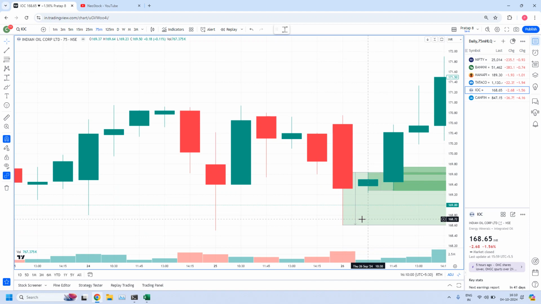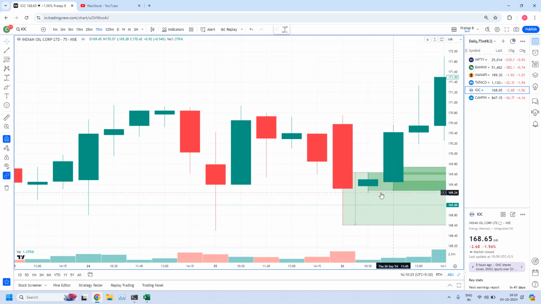All of you please listen, this 75 minutes high liquidity zone is not only a high liquidity zone trade, it is also a bullish trade setup for weekly income trade. In weekly income trade, the entry time frame is 75 minutes.